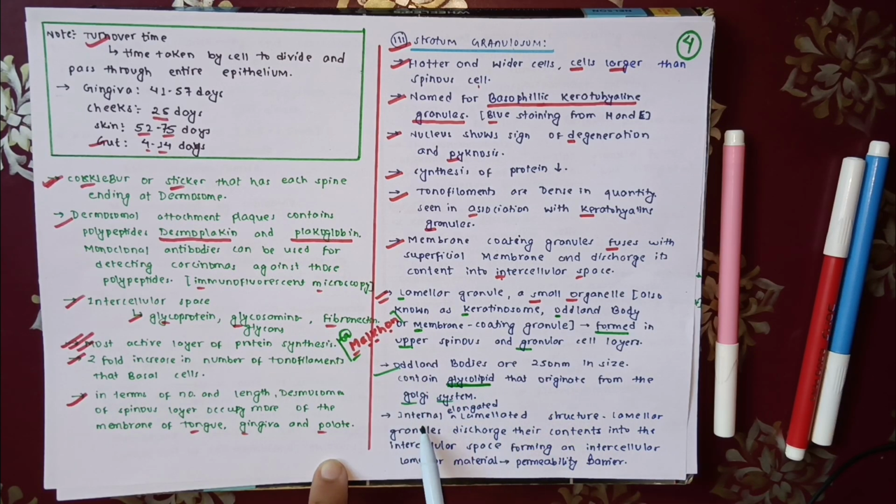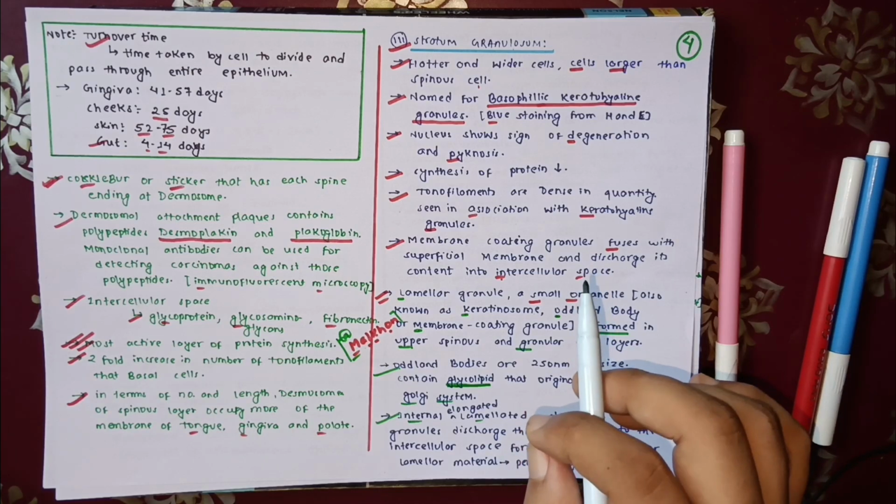After that, Odland bodies are internal elongated lamellated structures. Lamellar granules discharge their content into the intercellular space, forming an intercellular lamellar material, that is the permeability barrier. There is advanced language written here, but I'll give you a proper overview.